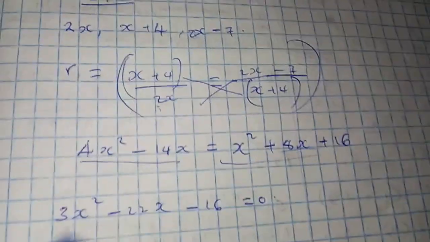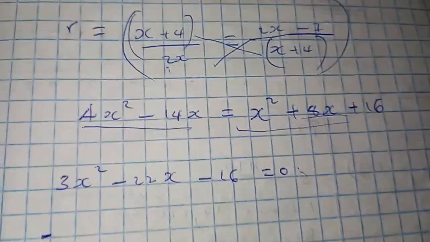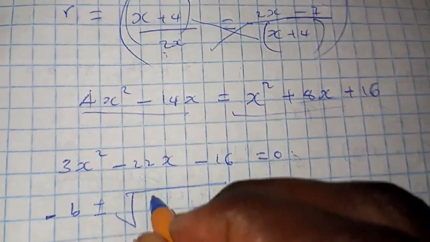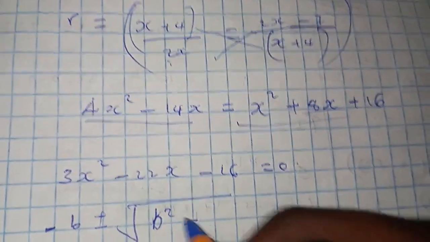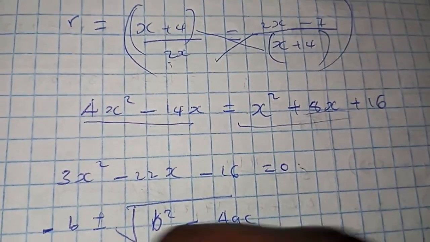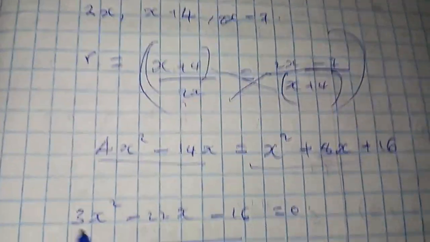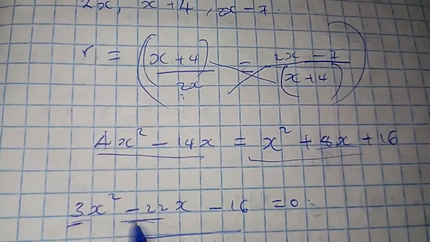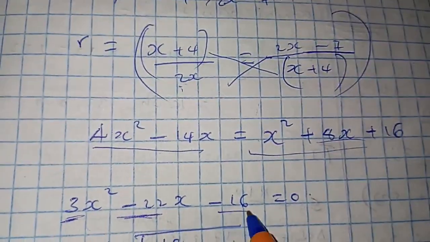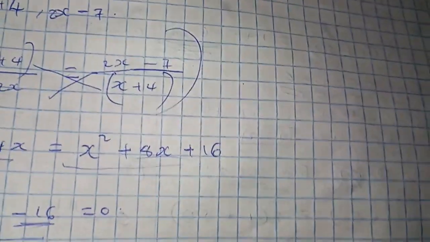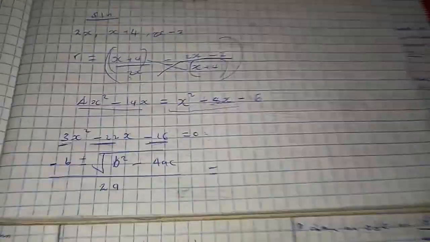So we can use this formula, minus b plus or minus the square root of b squared minus 4ac divided by 2a, whereby a is this first value here, this is our b, minus 22, then our c is this negative 16.